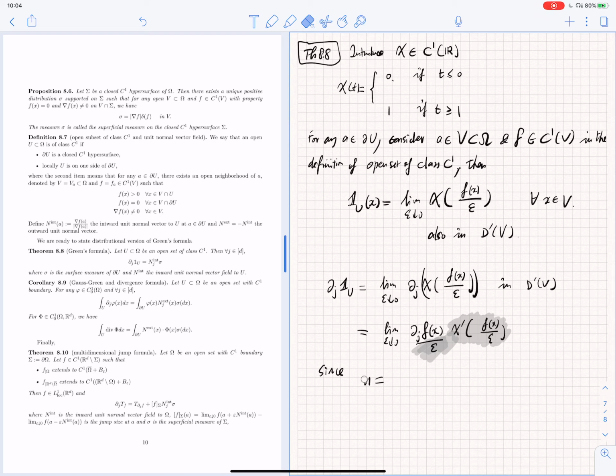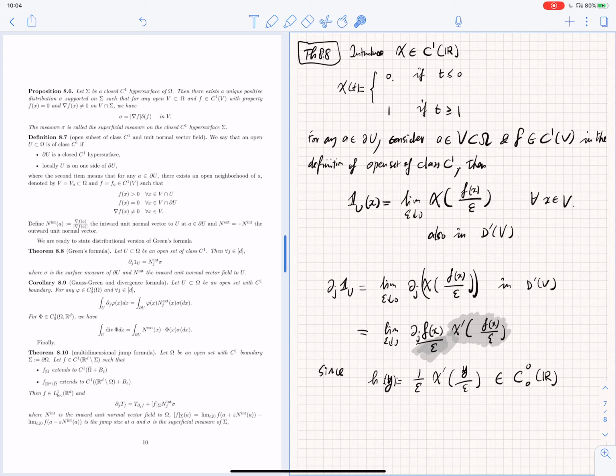Since h is defined as 1 over epsilon chi prime of y over epsilon, this is continuous with compact support in R. Continuous because chi is C1, with compact support because of the definition of chi. It is supported actually in the interval 0, 1.